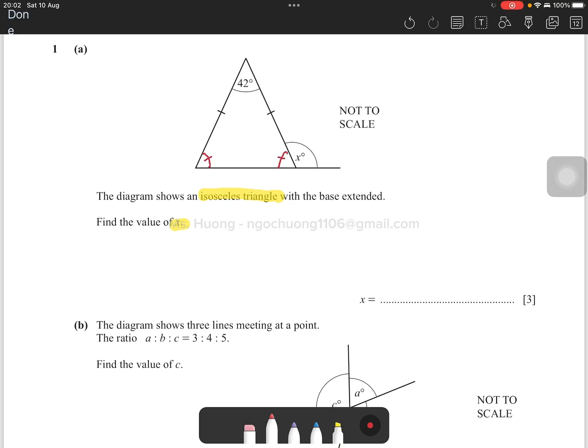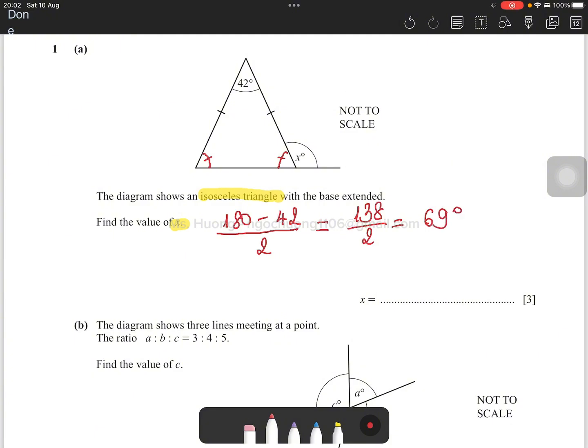To find the value of the base angle, we subtract 42 from 180, and this is the sum of the two base angles. Then we divide it by 2 because those two base angles are equal. So 138 divided by 2 is 69 degrees.